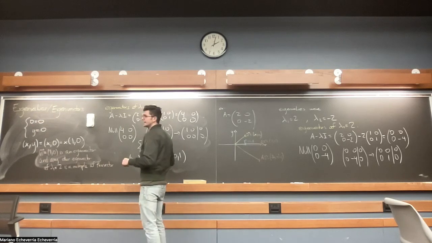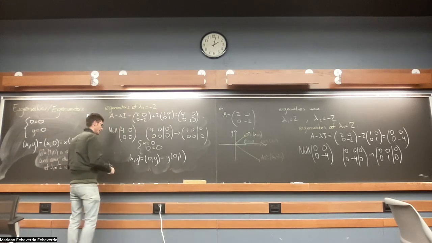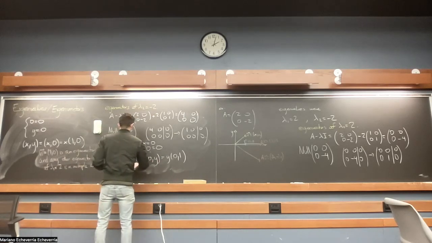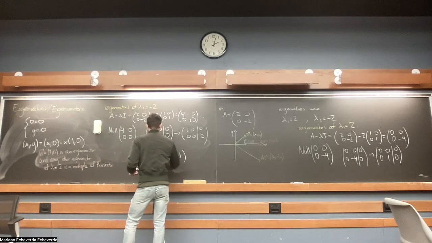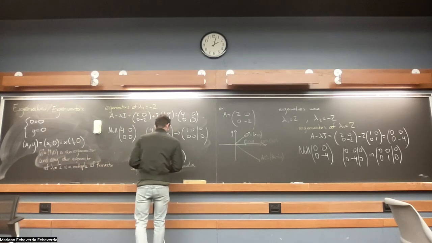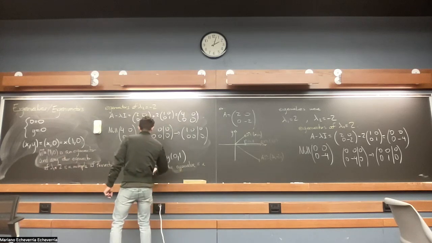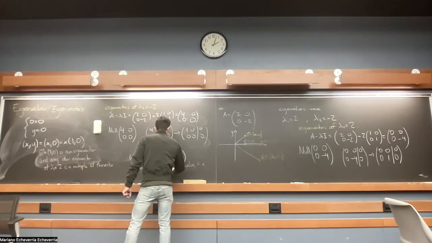And so what that means is that any eigenvector for this eigenvalue is a multiple of the eigenvector 0, 1.